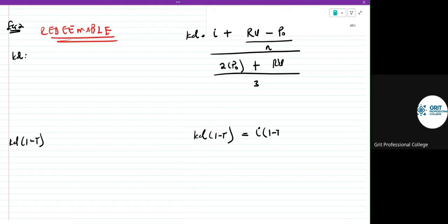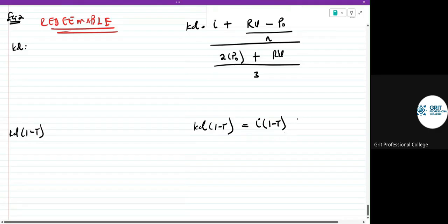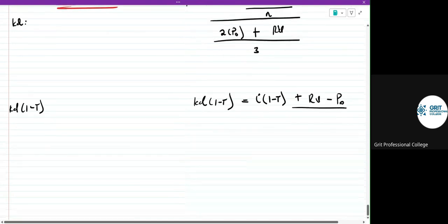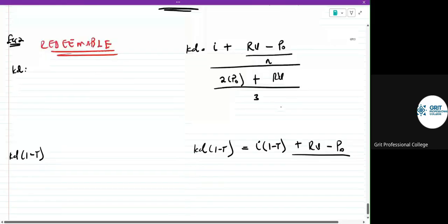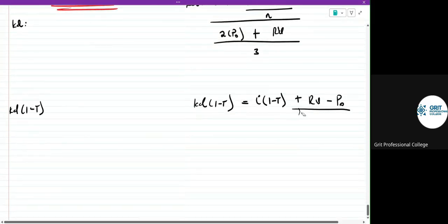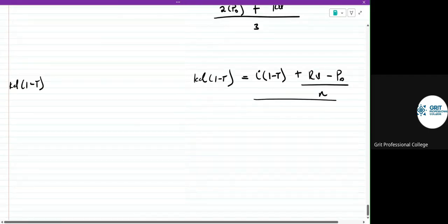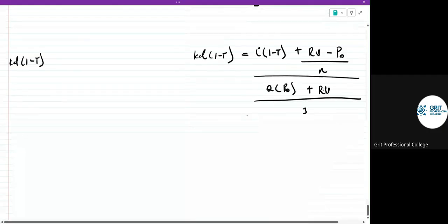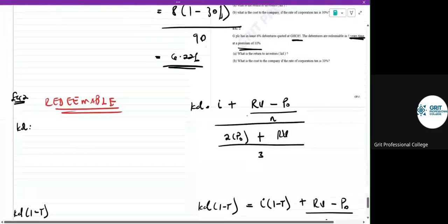So I(1 minus T) plus RV minus price of the debt over N, all over 2 times the price plus the redemption value, everything over 3. So the stage is set.